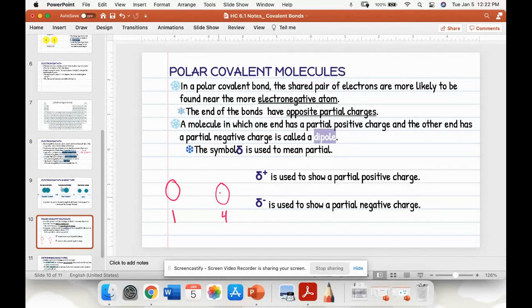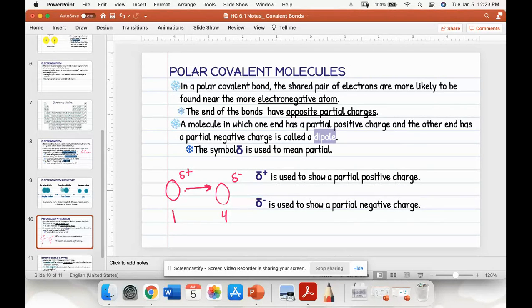They're still sharing these electrons between them. It's just that they're being pulled slightly more this way. Since those electrons are negative, this would get the partial negative charge, and this would get the partial positive charge. And this is only in polar covalent bonds.